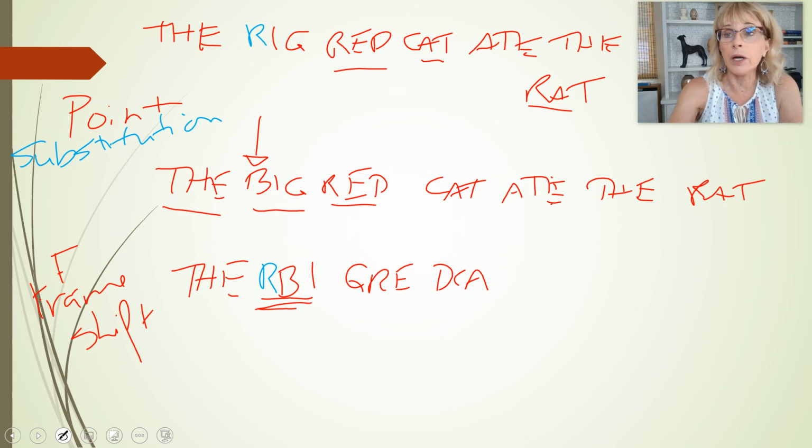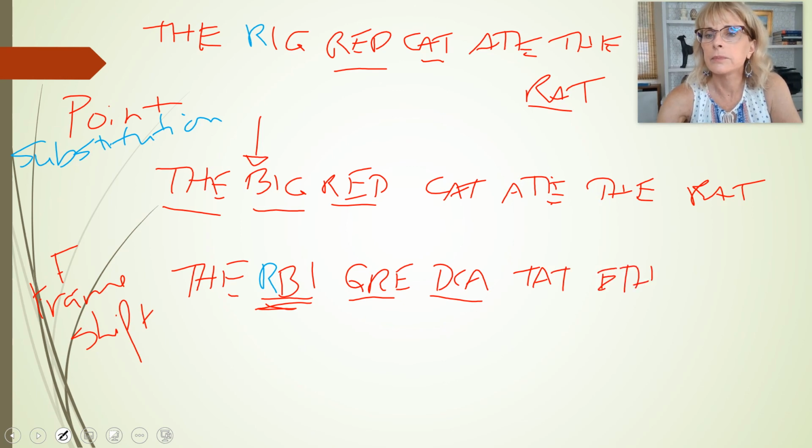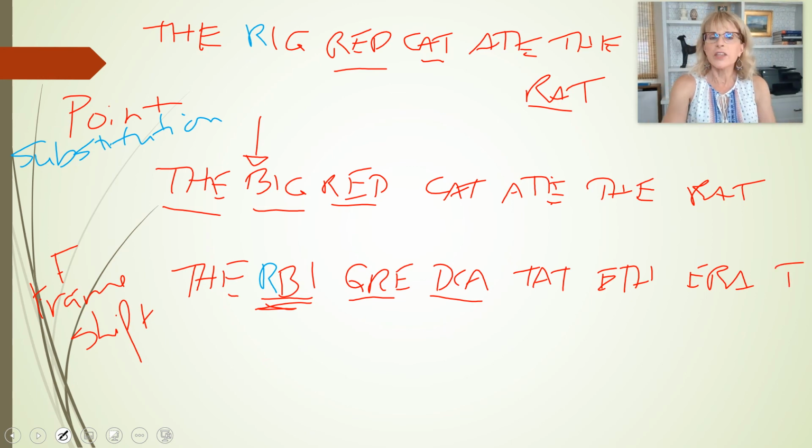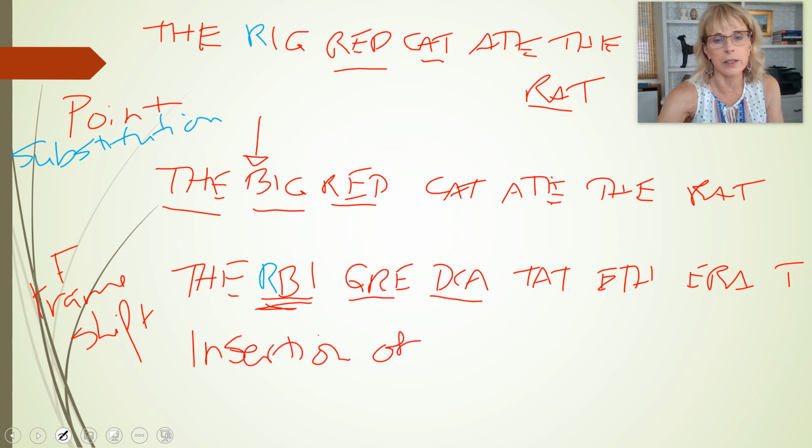When I added one, same thing would have happened if I subtracted one, everything gets jostled, right? This is a frame shift mutation. A frame shift mutation is the insertion or deletion of a nucleotide.